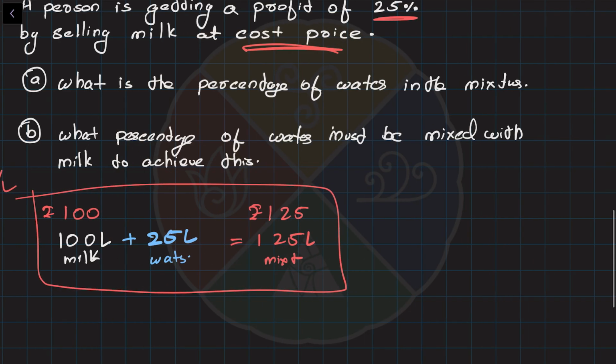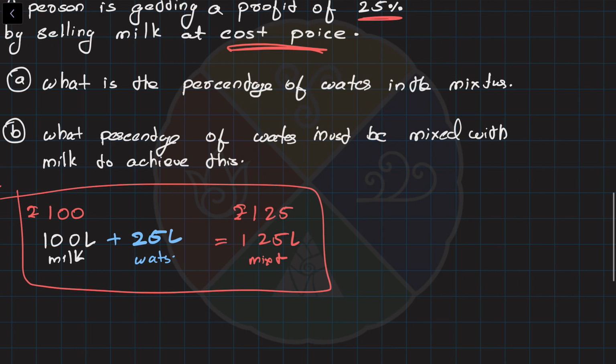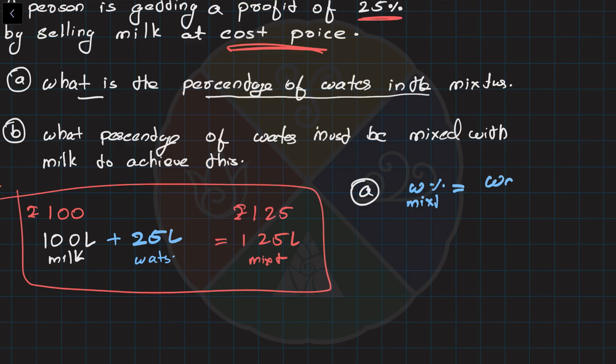Now let's answer the problem. First we will go for part A. What is the percentage of water in the mixture? This is a direct problem. The question is asking water percentage with respect to mixture, so water divided by mixture into 100.